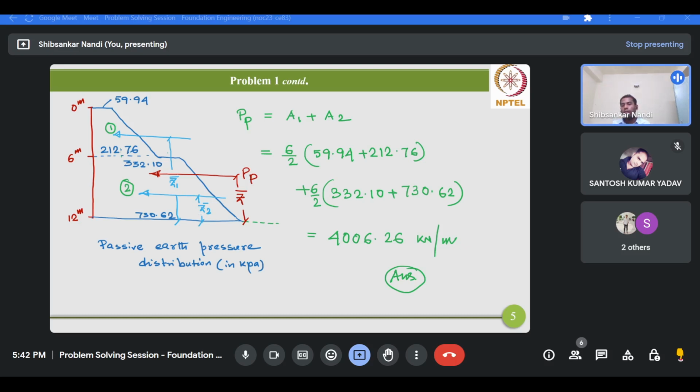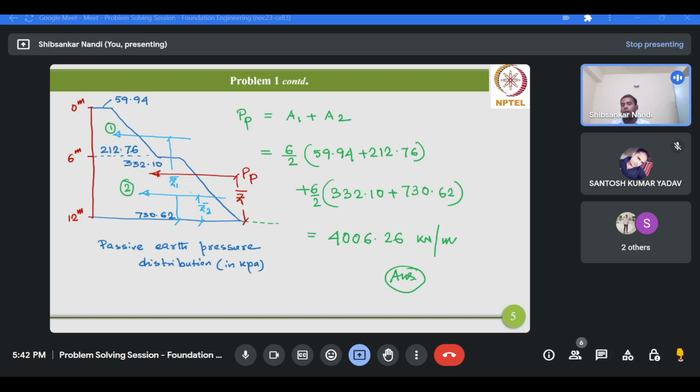Okay, so you have to calculate the center of gravity of the first trapezium, then you have to add it with the height of the second trapezium, you will get Z1 bar, and if you know the CG of the second trapezium, simply that will give you the Z2 bar.